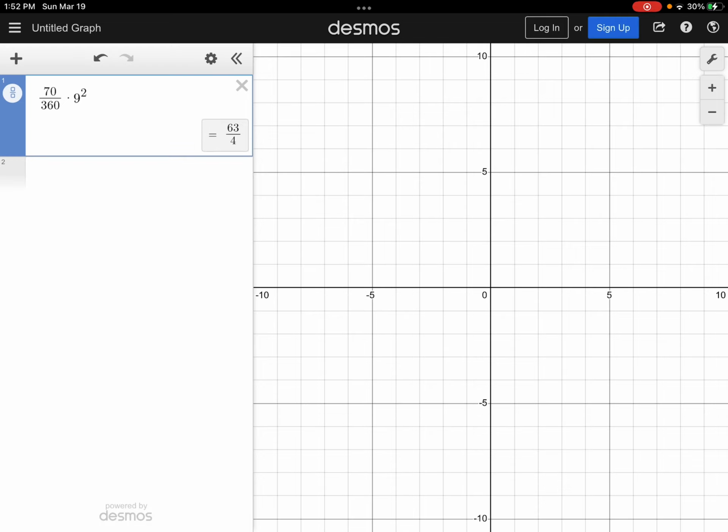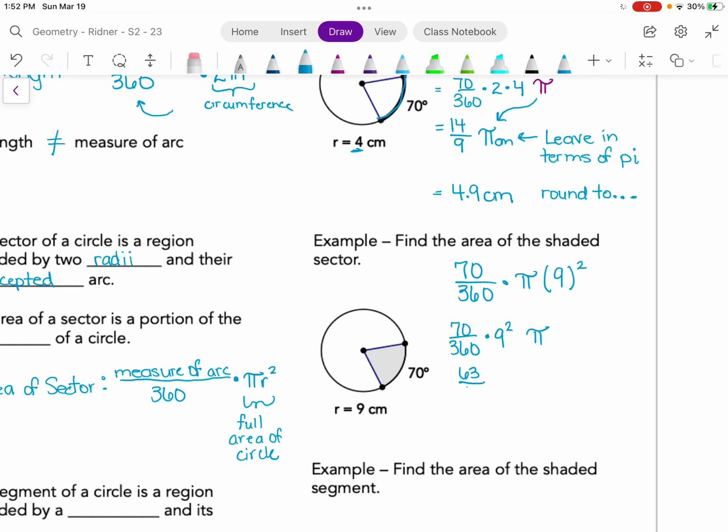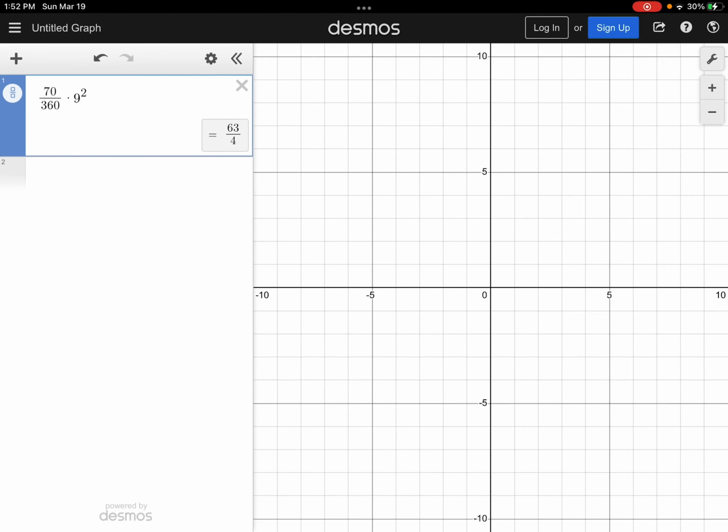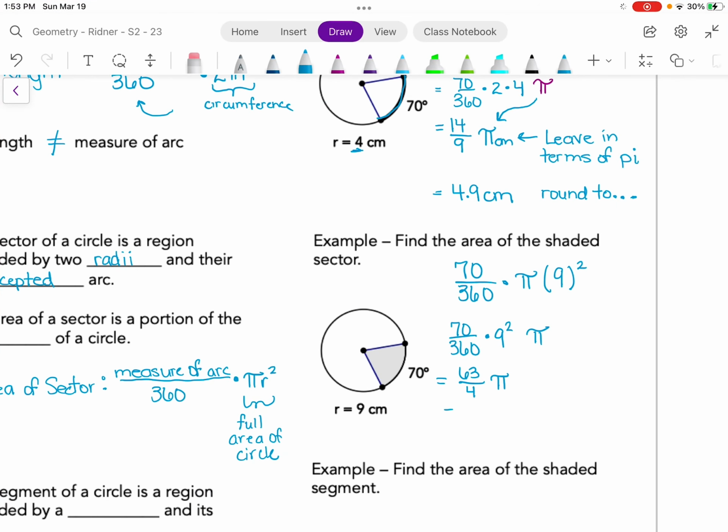As a fraction, that is 63/4 times pi. So again, this is leaving in terms of pi. Some questions want that answer and you're done. If it wants a decimal answer, you're going to take that answer and times it by pi to get 49.5 centimeters squared. It is area, so it's centimeters squared.